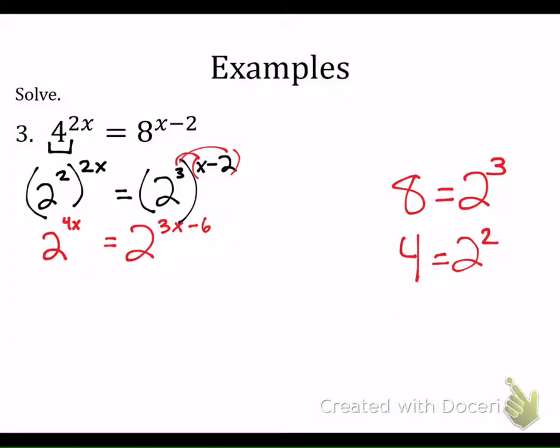What do I do now? 4x equals 3x minus 6. Then what? Subtract 3x. And x equals negative 6.